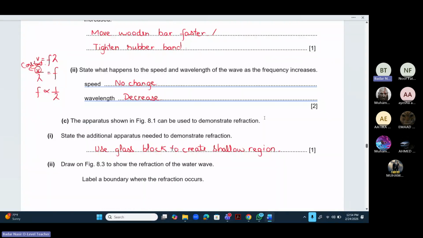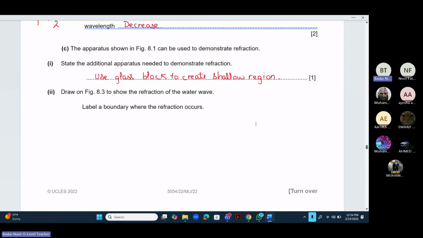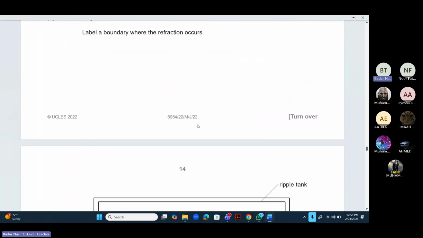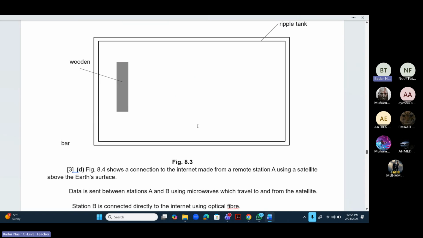Then we have drawn figure 8.3 to show the refraction of the water wave. Label a boundary where the refraction occurs. Okay, so now you have a boundary in the middle. So this is a boundary.